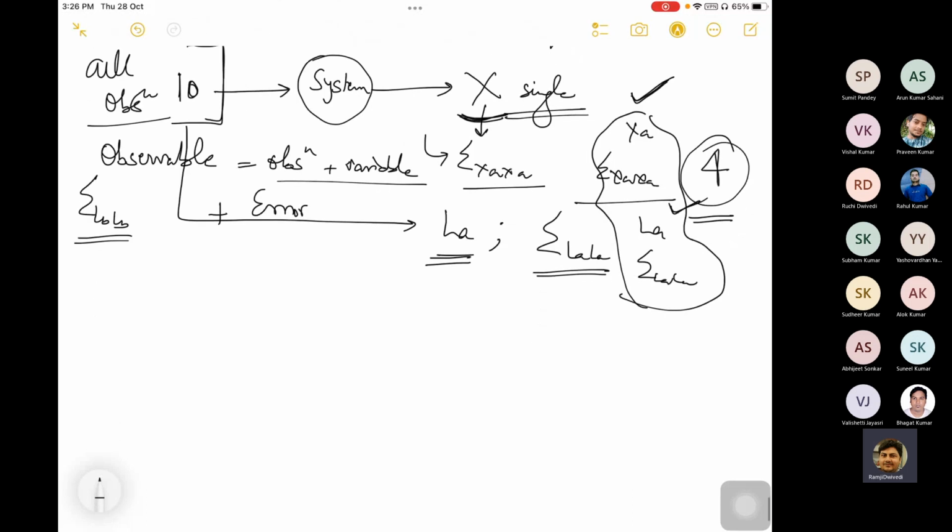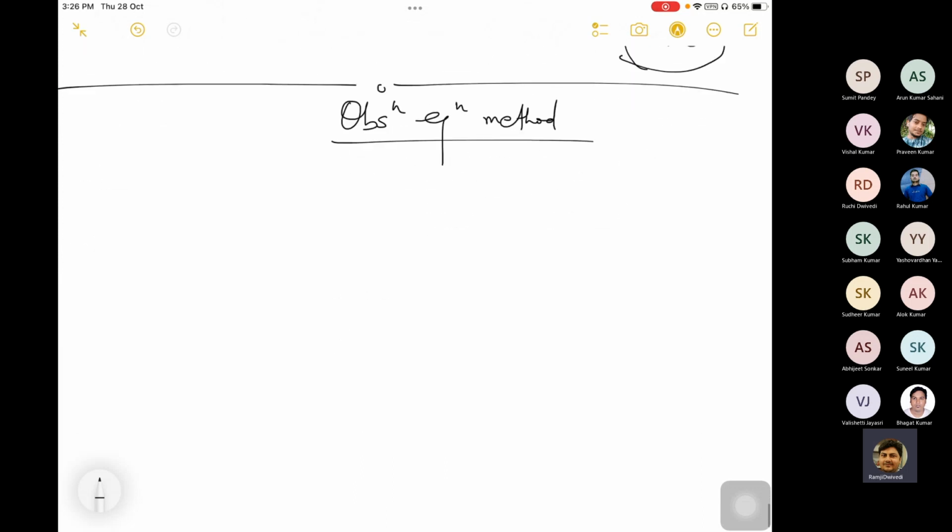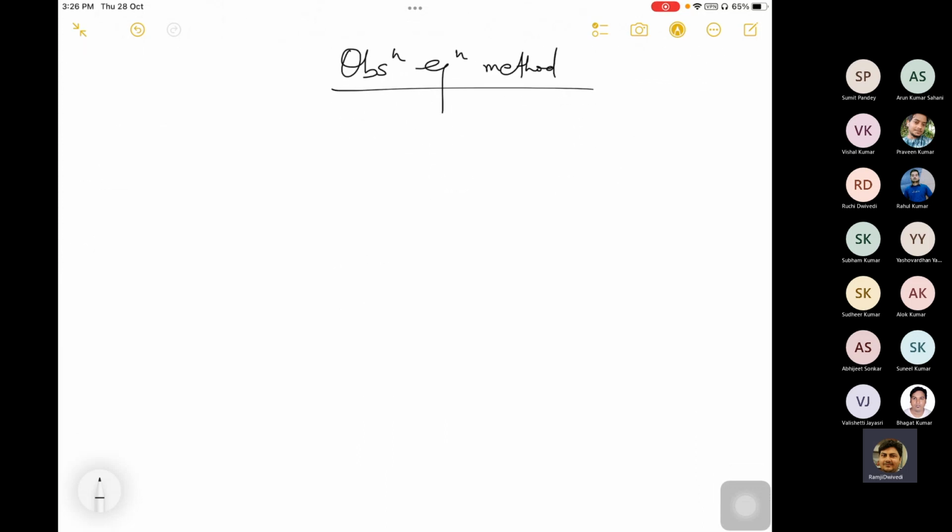So with this background, we understand that our objective is now to develop that model, in the formation of the observation equation method that we have named our method. But first you need to understand how this observation equation model would look.